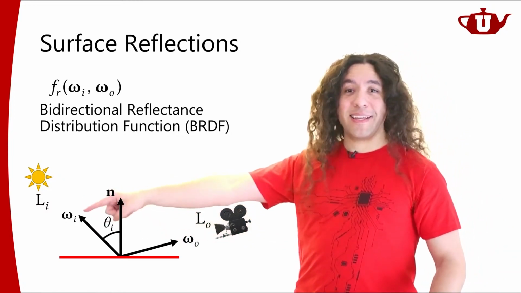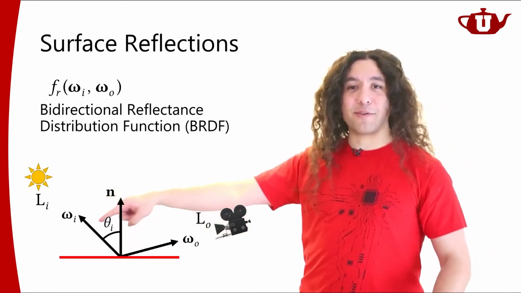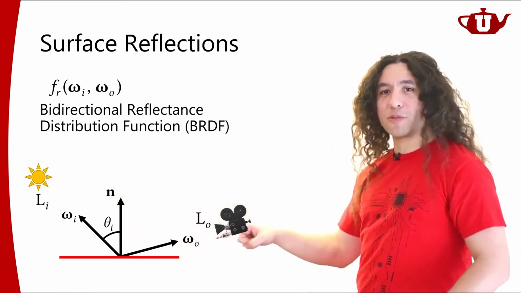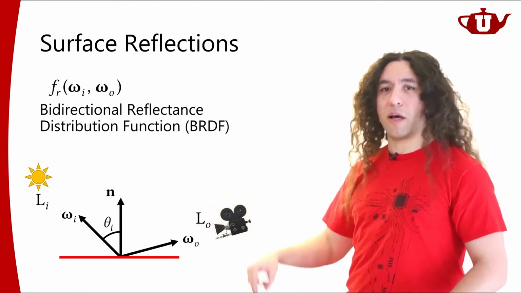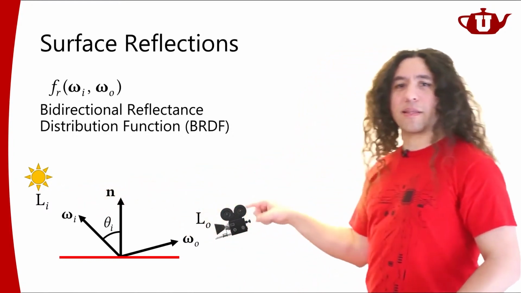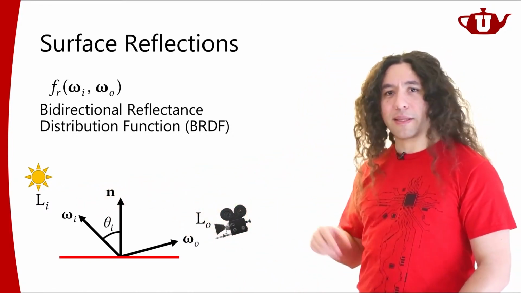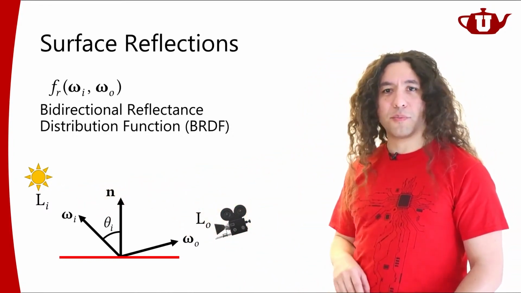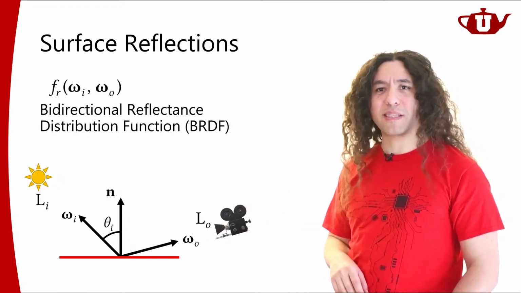Symmetrical, as you can see, this incoming light direction, outgoing light direction, I'm using the same terms. One of them is i, the other one's o. Incoming light is L_i, outgoing light is L_o. All right, so that's what I'm trying to compute with my bidirectional reflectance distribution function.